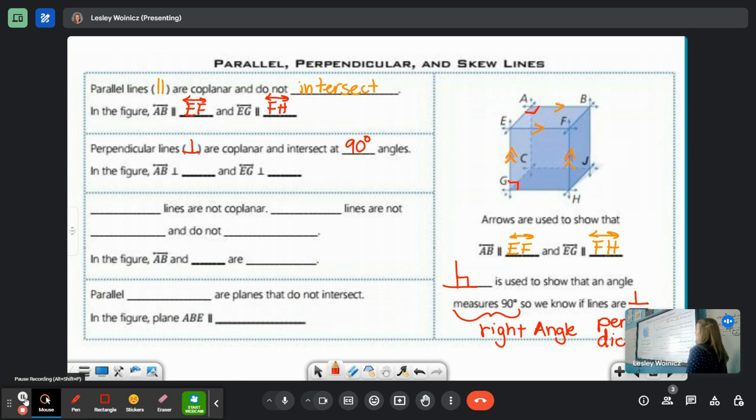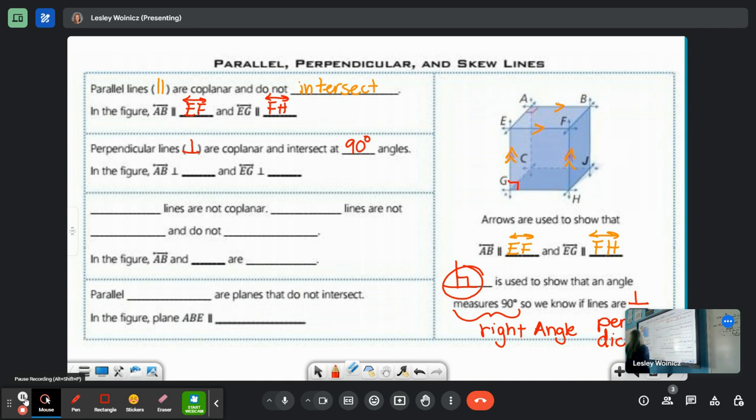In this figure, AB is perpendicular to which line? Parallel to EF, which one is it perpendicular to? Look for the little box. Look for this symbol for AB. Okay, it would be AC.